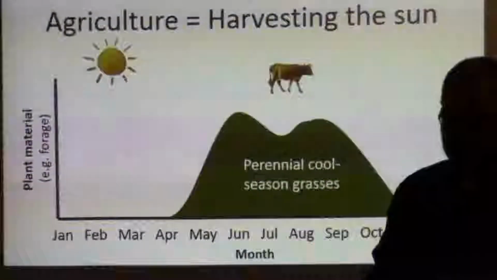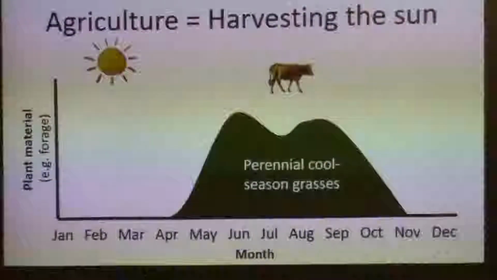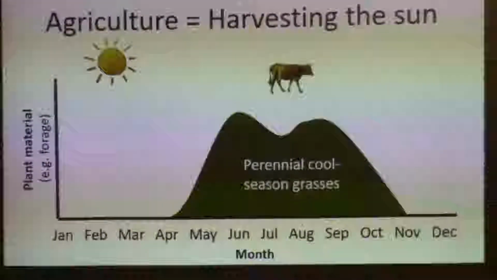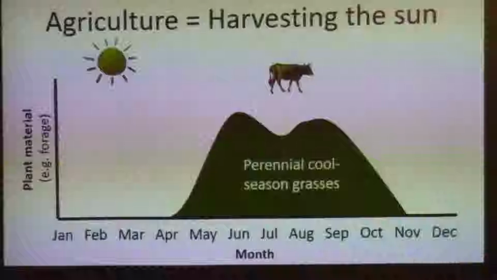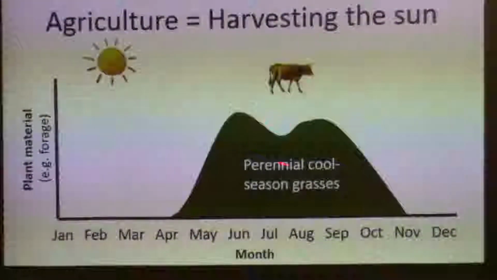And then often in the middle of the summer, they'll tend to reduce their growth or maybe even go dormant for a time, and that's known as the summer slump. So that's why we have this hump here, right?